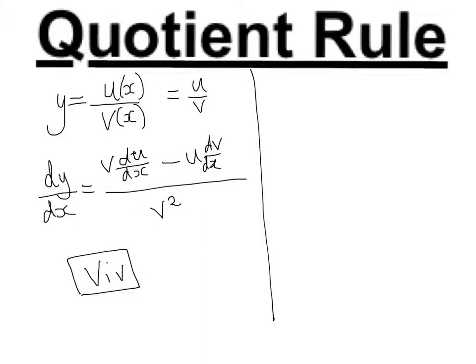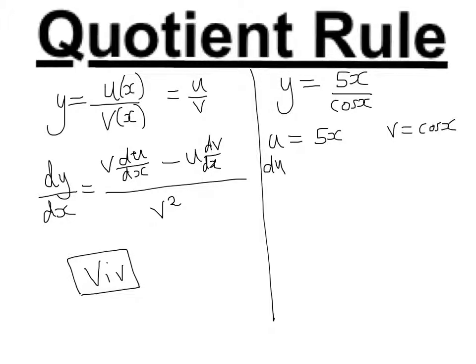So again, if we do an example, let y equal 5x over cos x. So here, let's define u to be 5x and v to be cos x. If we differentiate these both, du by dx is 5, dv by dx is minus sine x.